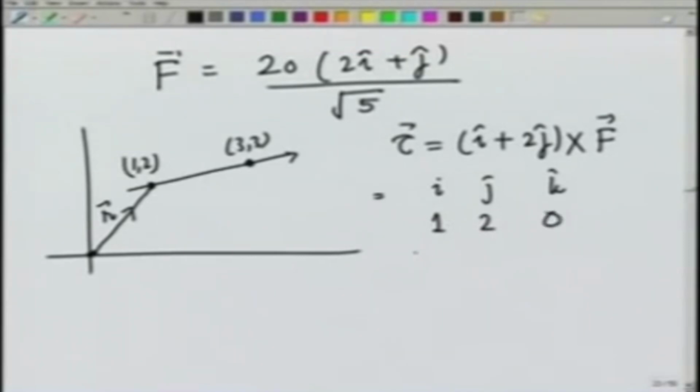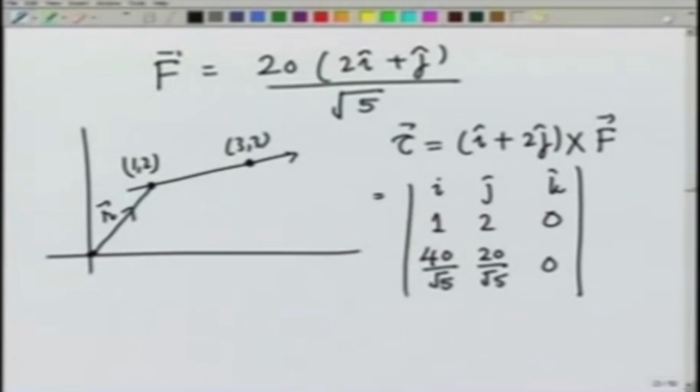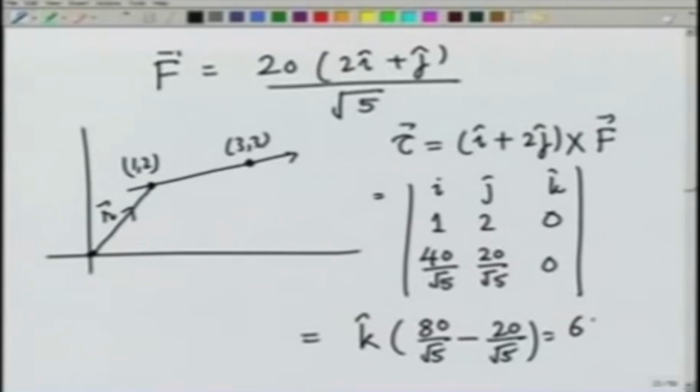For the force, it is 40 over root 5, j component is 20 over root 5 and 0. This gives i component 0, j component 0 and k component is going to be 80 over root 5 minus 20 over root 5, which is 60 over root 5 k.